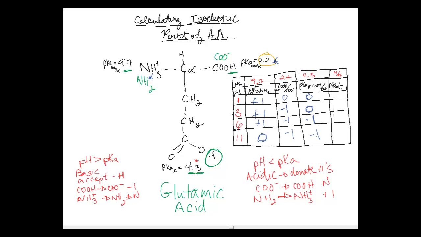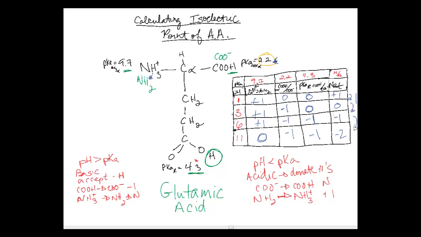Okay. So calculating the net here is a +1. Then here I have a 0, and a -1, and a -2. If you did it correctly, you should increment by a value of 1 from each one of these steps. Okay.